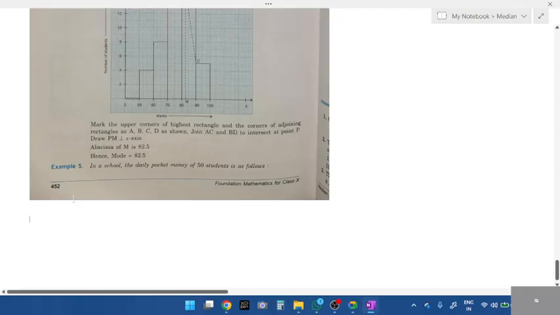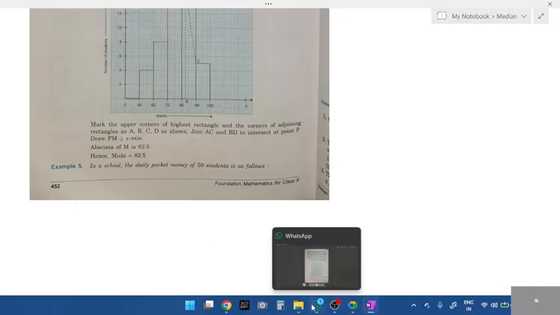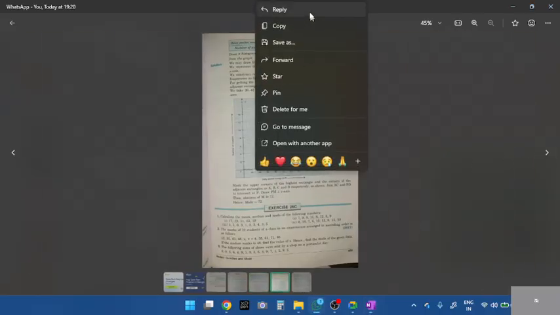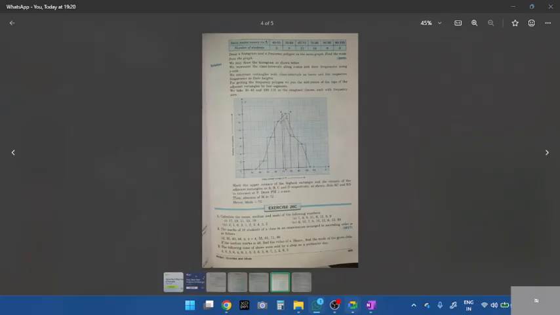We have started mode, last exercise. Okay, so your statistics chapter is done today. I'll complete it today.